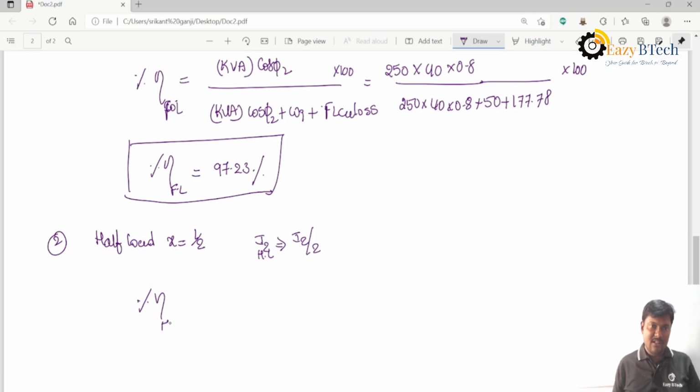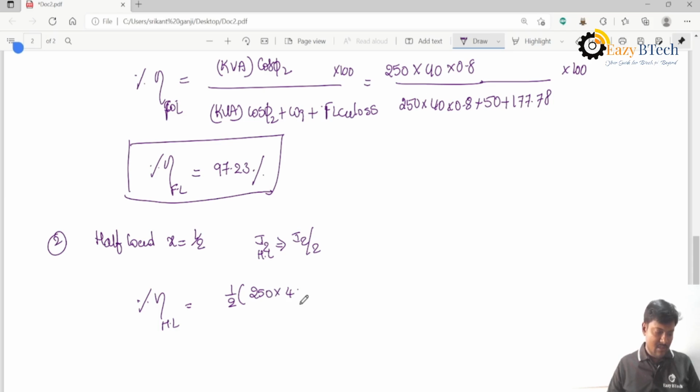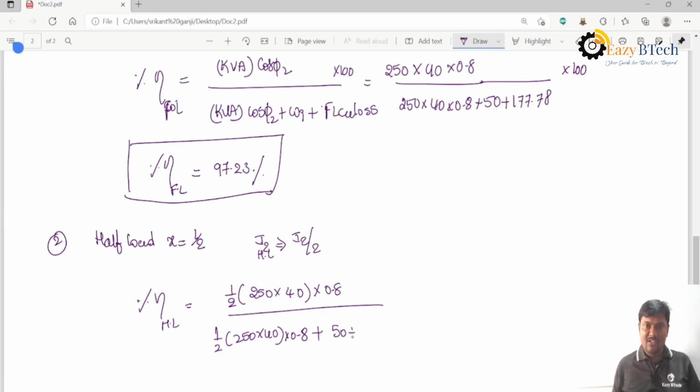Substituting here, efficiency at half load is equal to 1 by 2 times 250 volts into 40 into 0.8, divided by 1 by 2 times 250 into 40 into 0.8 plus iron losses, which won't change, but the copper losses will change to 1 by 4 times, because copper losses go with x square, x is 1 by 2, x square is 1 by 4.